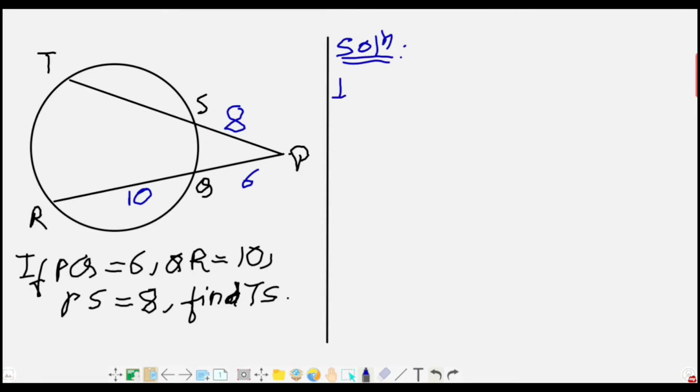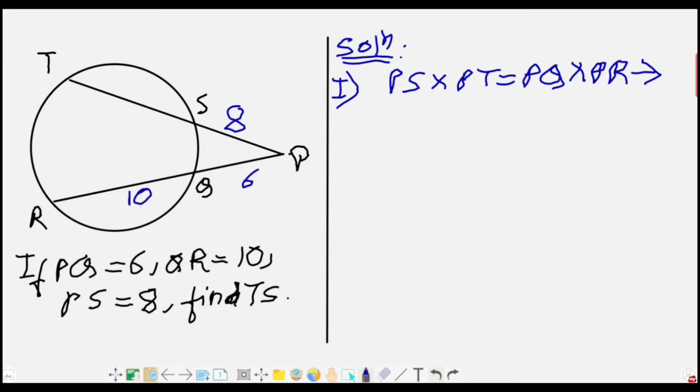In the beginning of the video I discussed that you have to start all the distances with P. So your PS into PT will be equal to PQ into PR. The reason you will write is the theorem of external division of chords or secants.